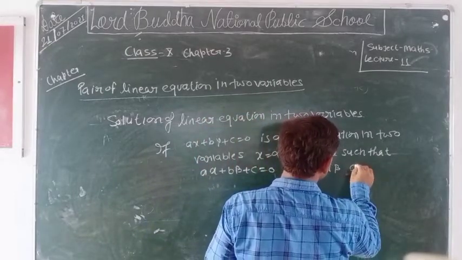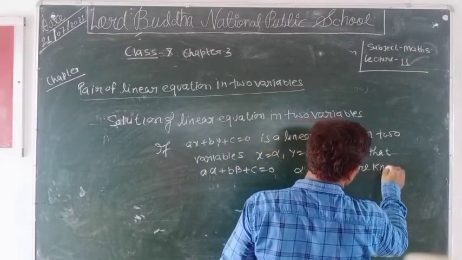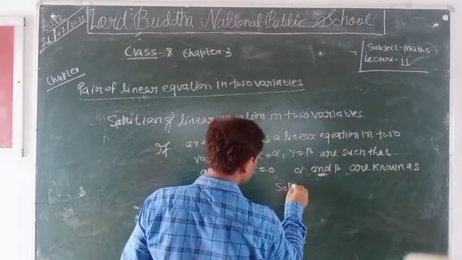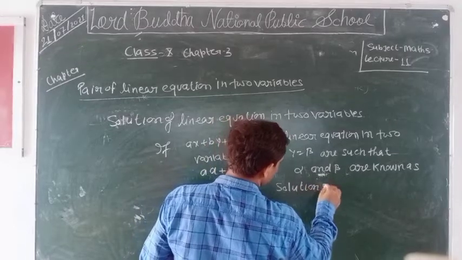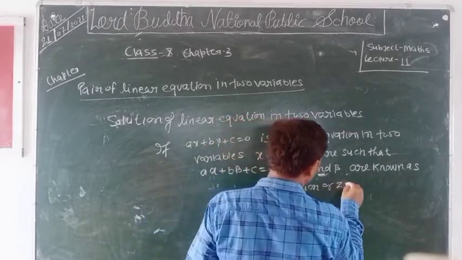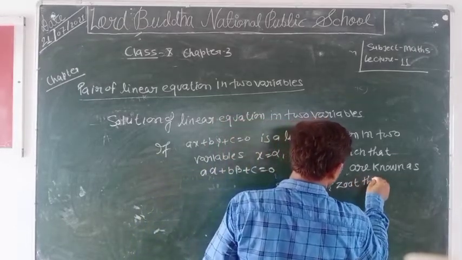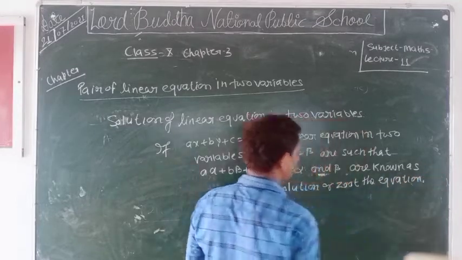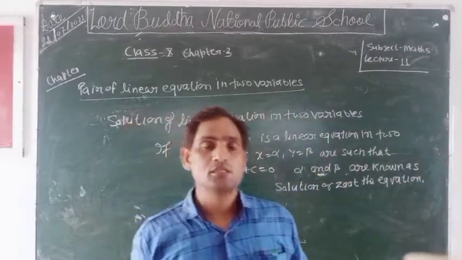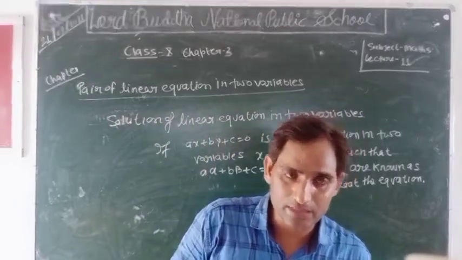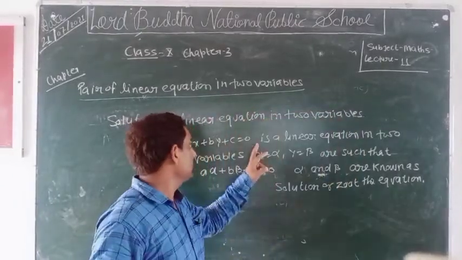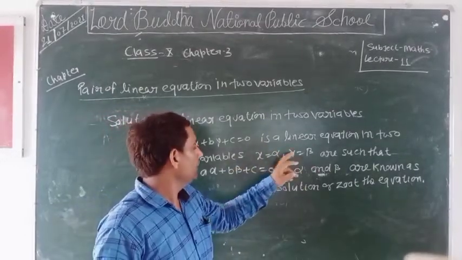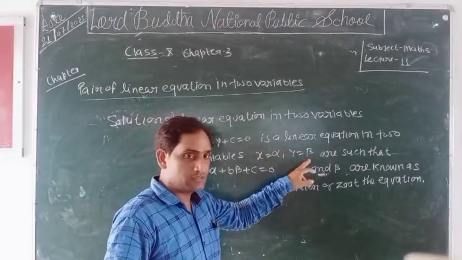then alpha and beta are known as solution, or roots of the equation. Okay, now see that solution of linear equation in two variables. Here x and y are two variables, alpha and beta are two real numbers.